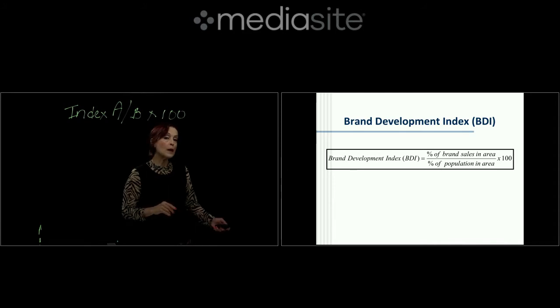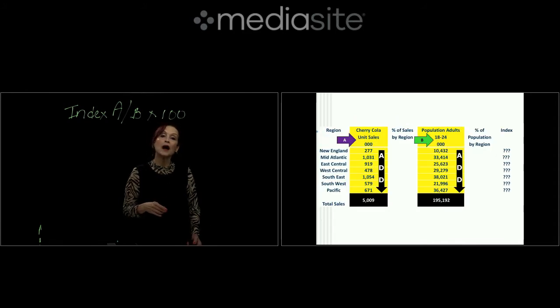So let's do a brand development index using geography and demographic sales data. And to do this kind of analysis, all you have to know is sales figures for each area and the corresponding population of each area. It is not difficult. You just have to understand the numbers and know how to apply the formula.